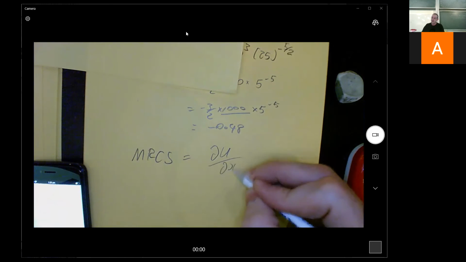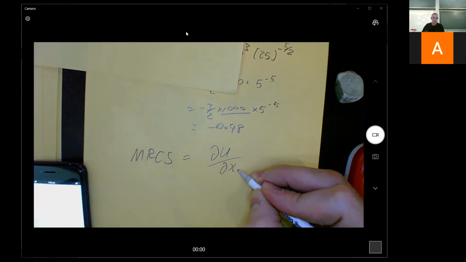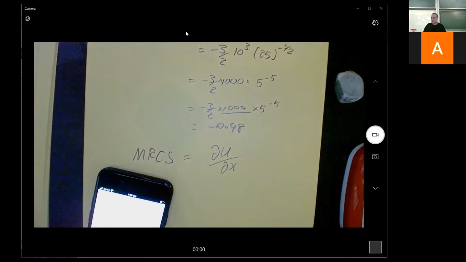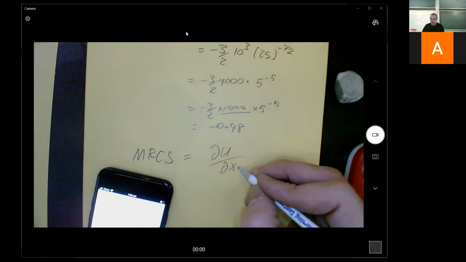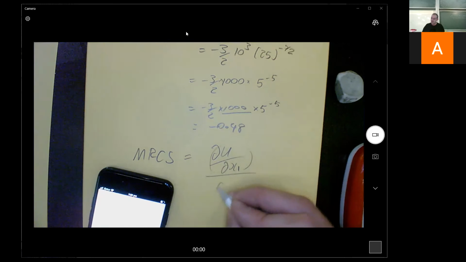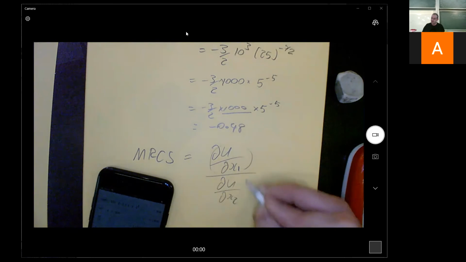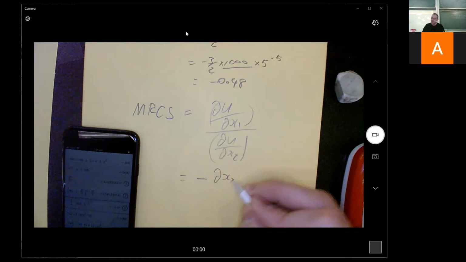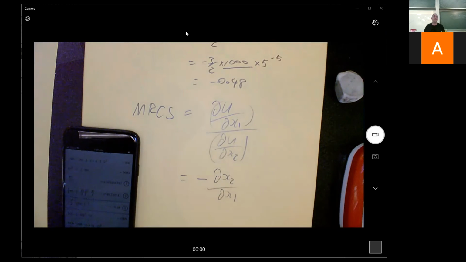It's du on dx. One, was it? Damn it. Where's the beginning of this working? That's my working. Here it is. du on dx1 divided by du on dx2. And it's the same as minus dx2 on dx1.